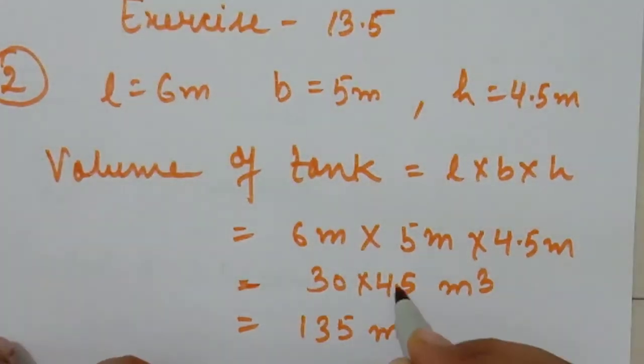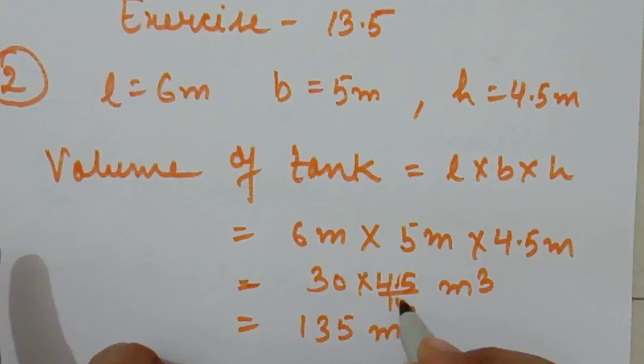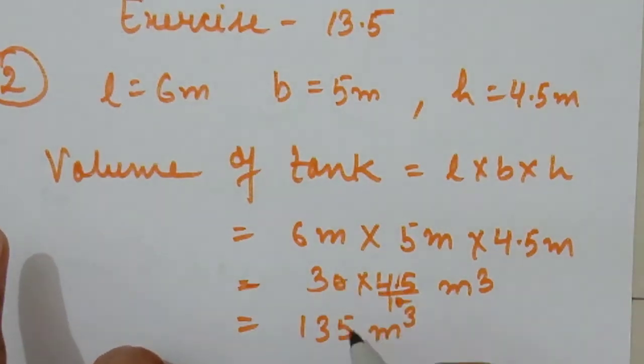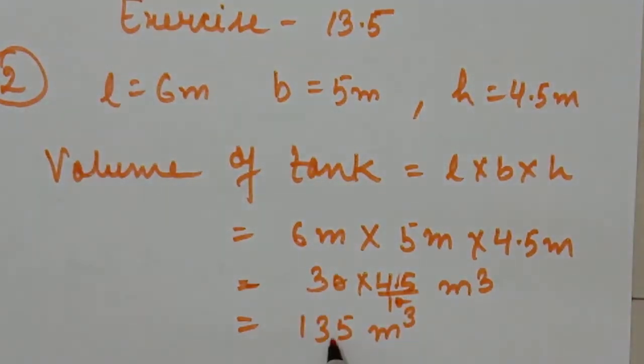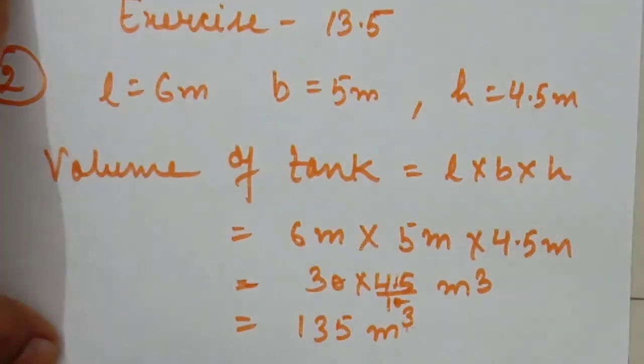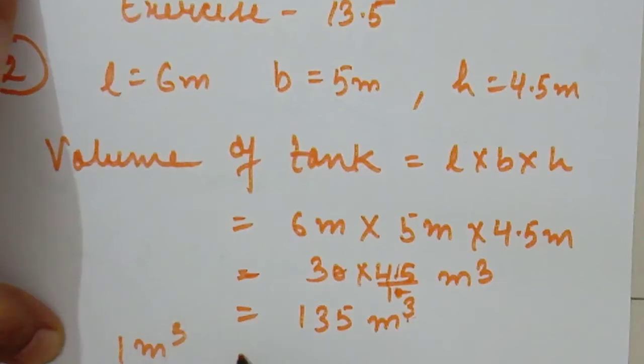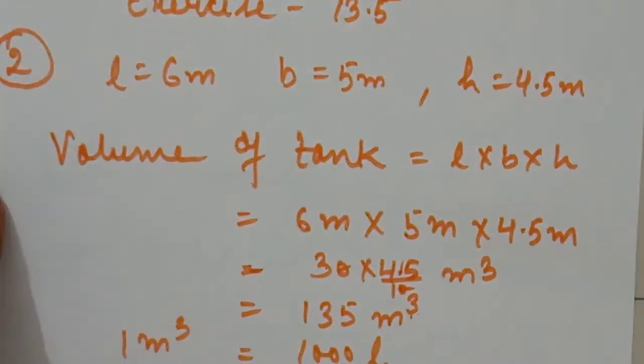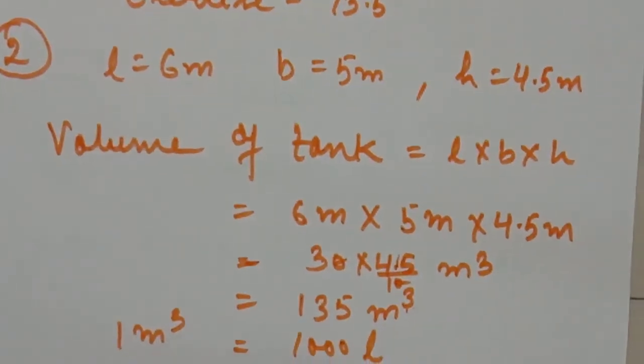It is very easy to solve. We remove the decimal, put 10 here, 0 cancels with the 0, then 45 multiplied by 3 is 135 meter cube. But the question says to find the water holding capacity in liters only. We have to change this meter cube into liters, and you have to learn that 1 meter cube is equal to 1000 liters.